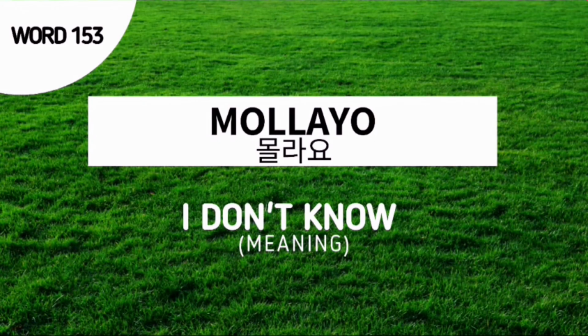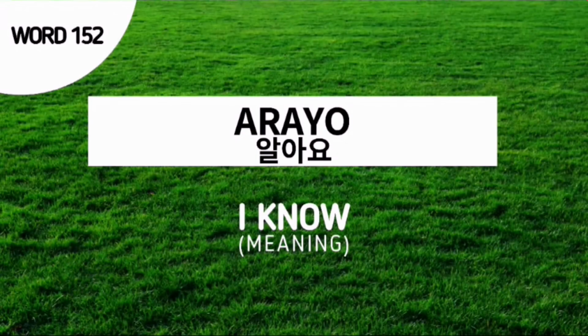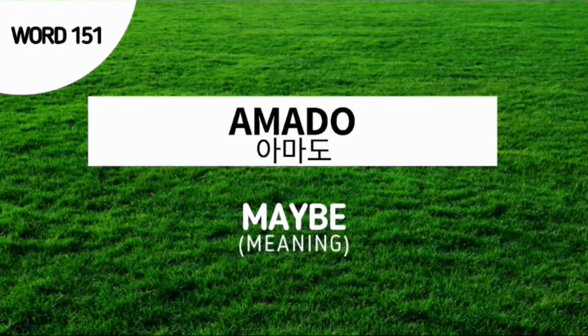Word number 153 is molayo, and it means I don't know. Word number 152 is arayo. It means I know. Word number 151 is amado, which is used to say maybe. This can also be used to say it's likely.